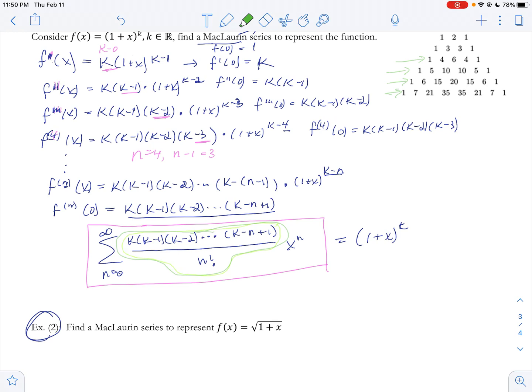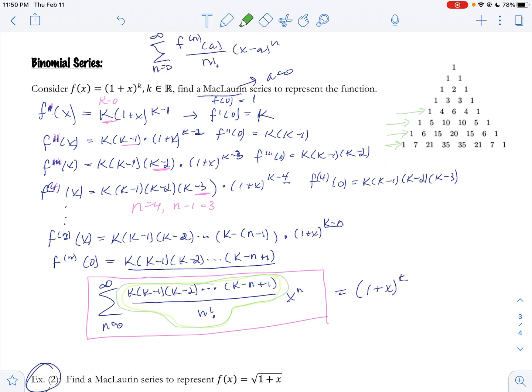So whenever I think of binomial theorem, I think of Pascal's triangle. That's why I wanted to show you that.